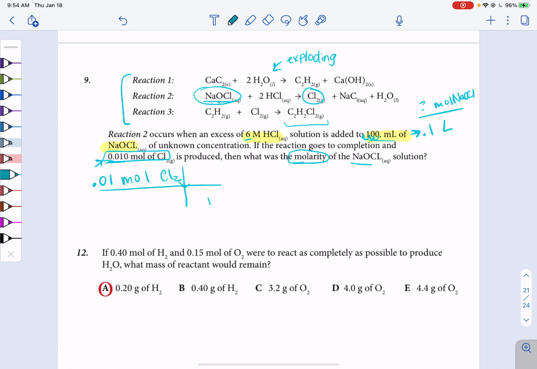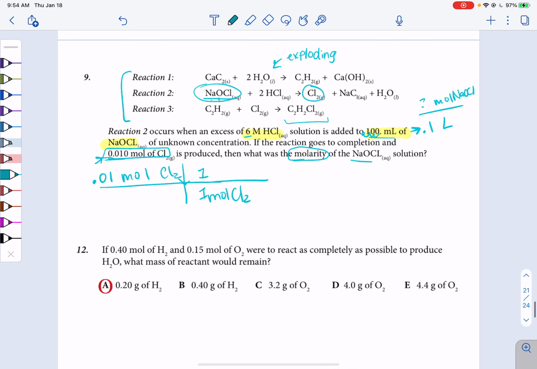I'm automatically at that mole. So that's really convenient, I can just go, okay, this is a 1-to-1 ratio. But they are balanced because they did put numbers in. You always have to check for that. Sometimes they don't balance those equations. So this is a 1-to-1. So 1 mole of chlorine comes from 1 mole of NaOCl. So that means that we have 0.01 moles of the NaOCl.